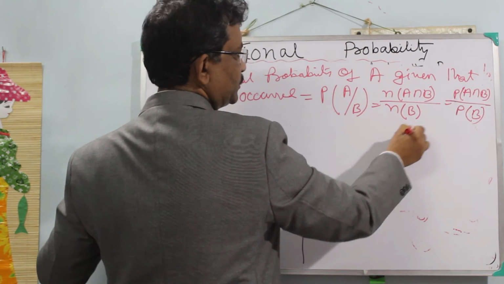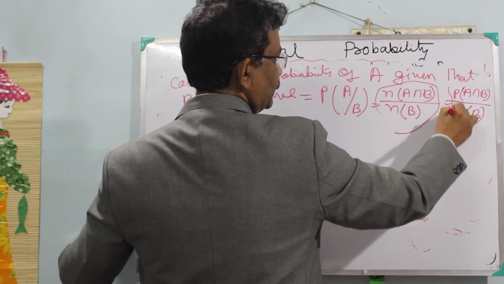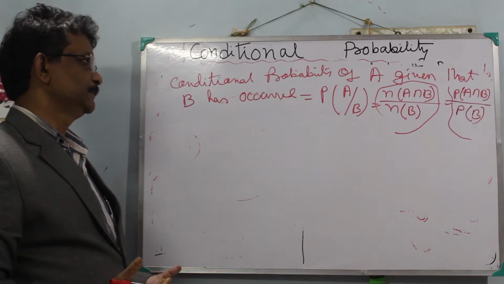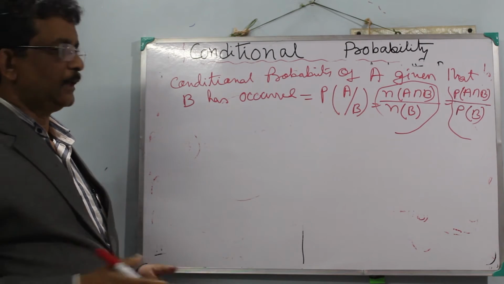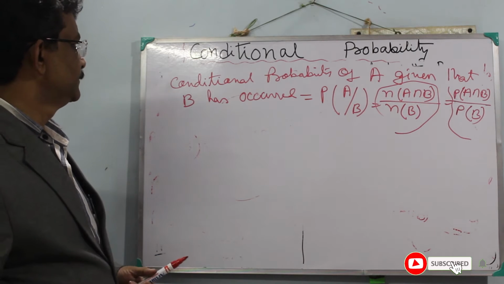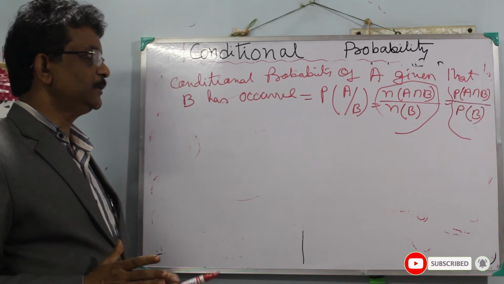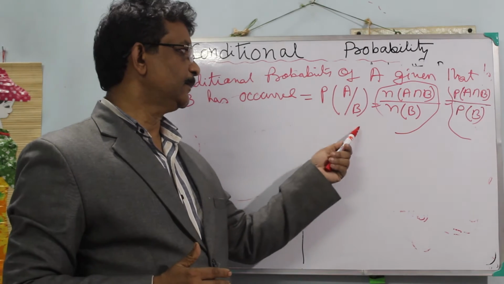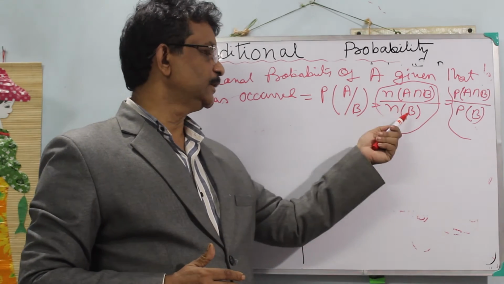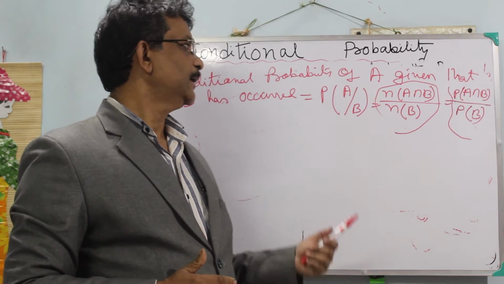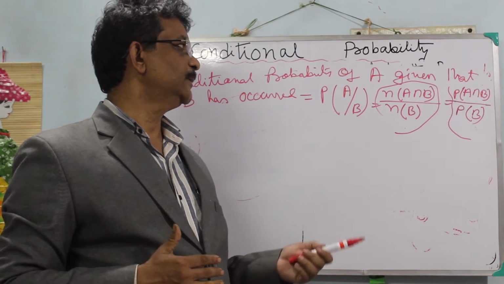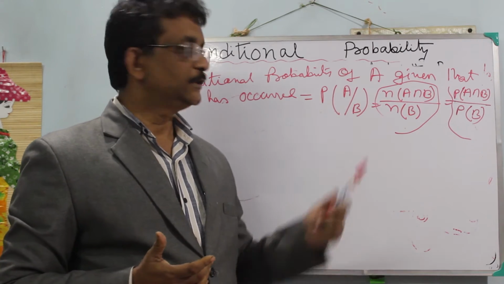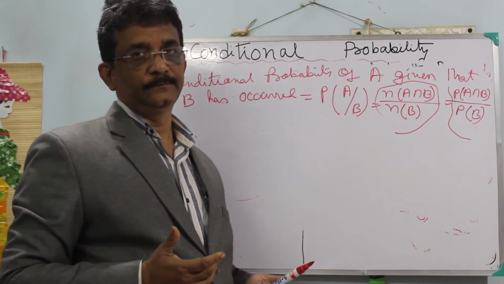You can use this formula or this formula as you deem fit or easy. Both will give the same result. So this is conditional probability. First we have to see which set has occurred. The number of elements or its probability will come as denominator, and numerator will be number of elements or probability of A intersection B. This you have to remember.